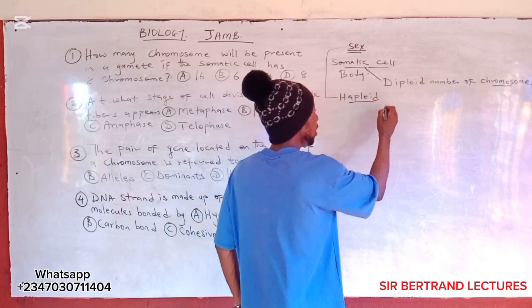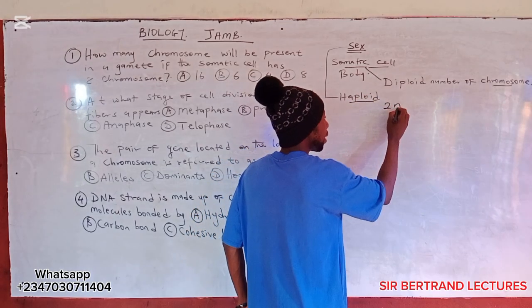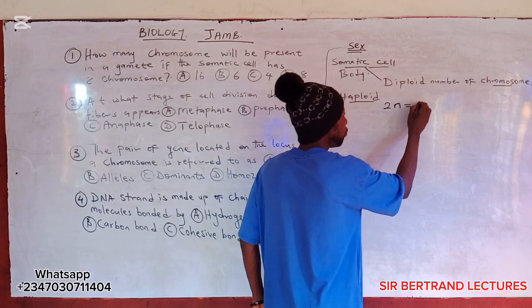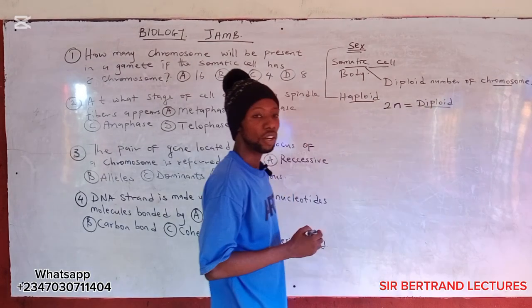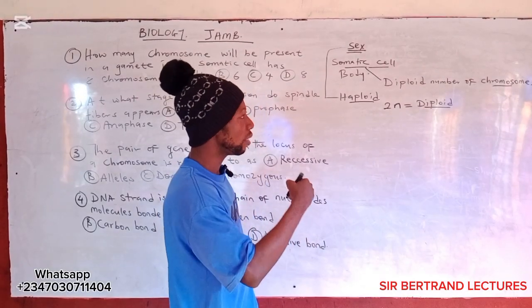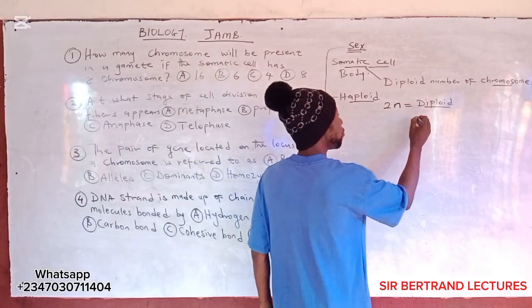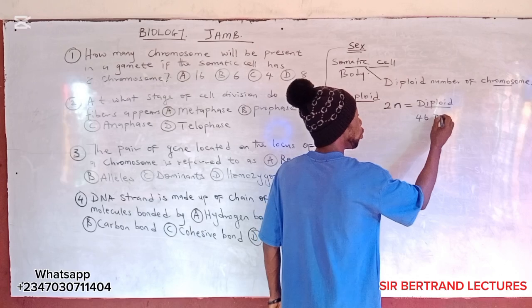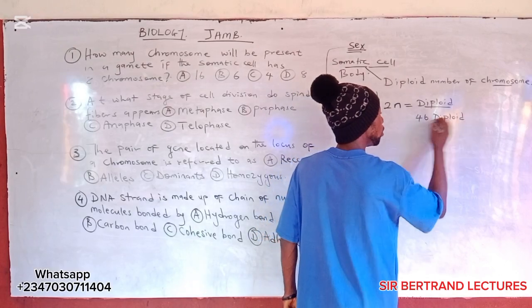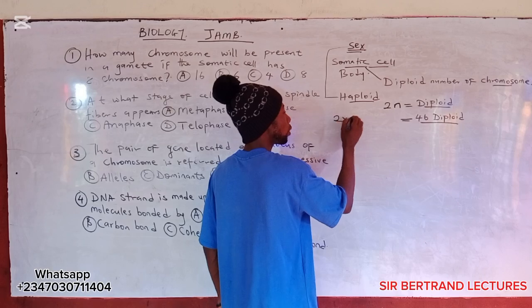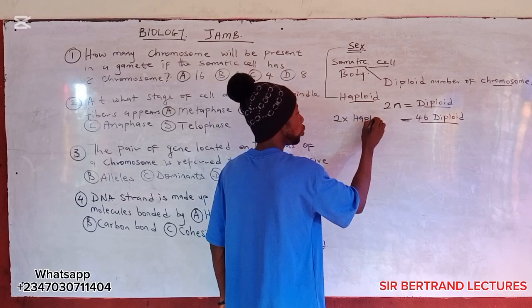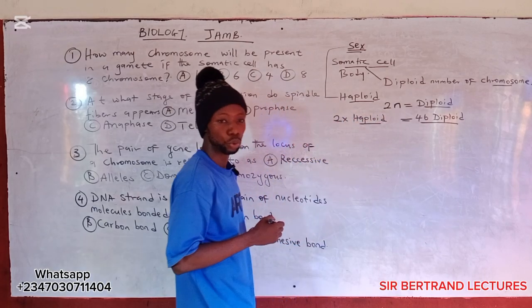Then 2 multiplied by the haploid number will give you the diploid number of chromosomes. In the human body we have 46 as the diploid number of chromosomes, which is equivalent to 2 multiplied by the haploid number of chromosomes.